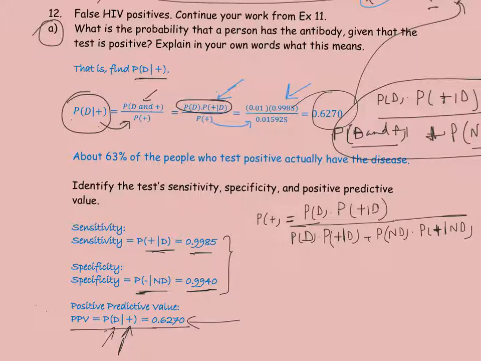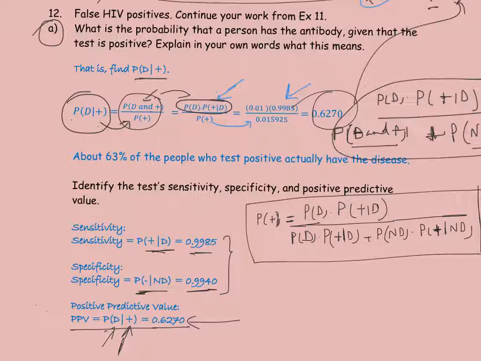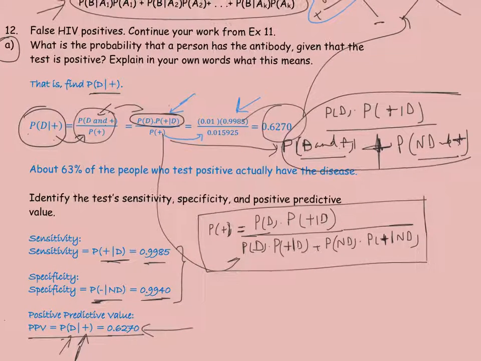So the Bayes theorem applied to this specific problem looks like this. You can do it in small steps, starting off with the probability of D and positive divided by the probability of positive. Slowly break it down to the probability of D times the probability of positive given D, and then you can break down the probability of positive as the probability of, maybe first go here, disease and positive, or, which is plus, the probability of no disease and positive.